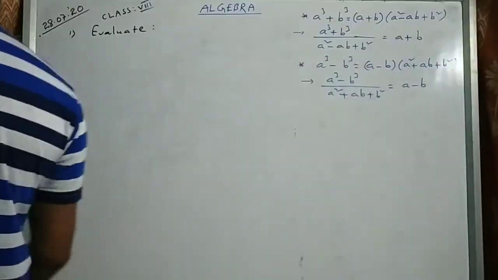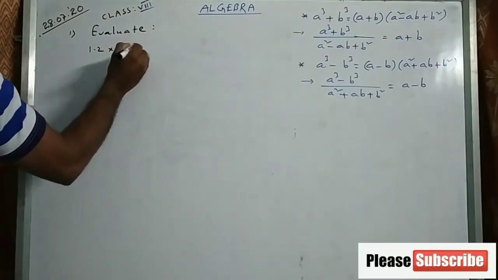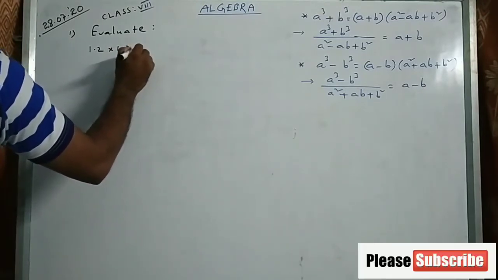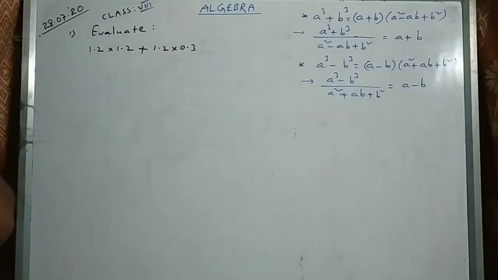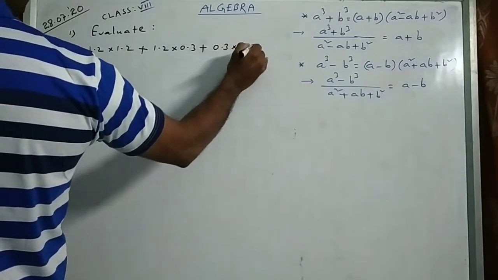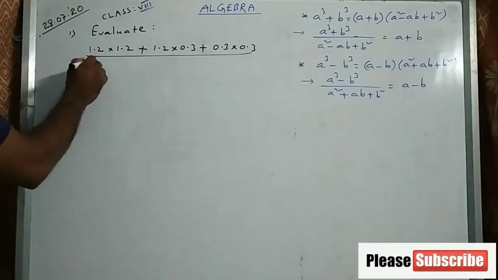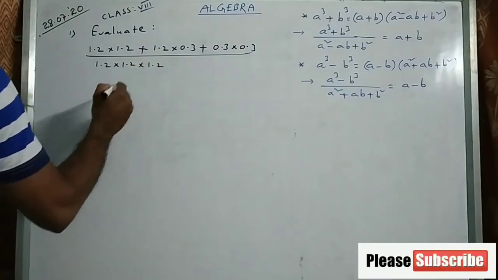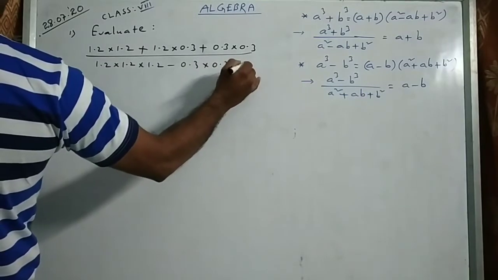So you should understand the formula. 1.2 into 1.2 plus 1.2 into 0.3 plus 0.3 into 0.3 upon 1.2 into 1.2 into 1.2 minus 0.3 into 0.3 into 0.3.